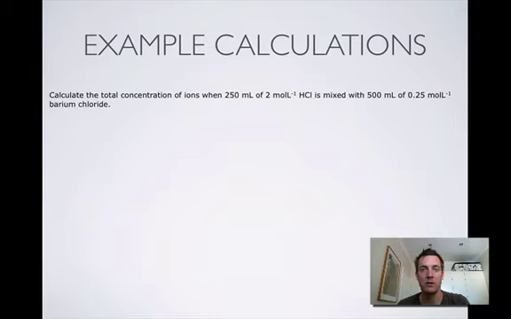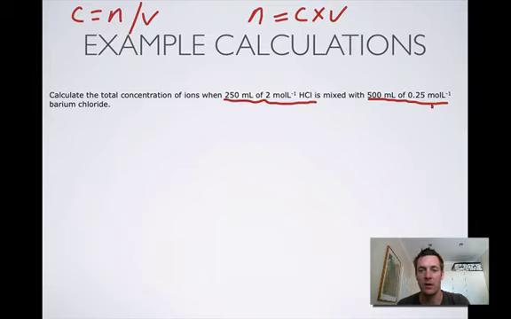Moving on to a slightly more difficult problem where we're not told the number of moles of the substance, but remembering what we've just seen, that C equals N on V, and therefore N equals C times V, we can figure out how many moles of these two substances we've got. So here, the number of moles of HCl is 2, because that's the concentration, times 0.25, because that's the volume in litres.